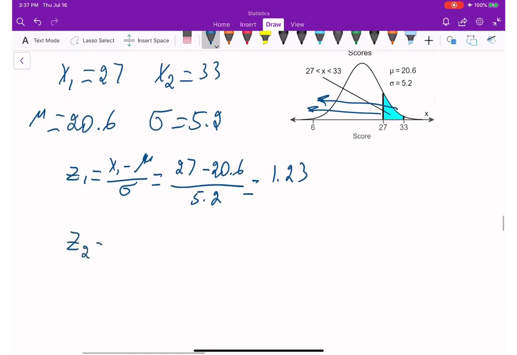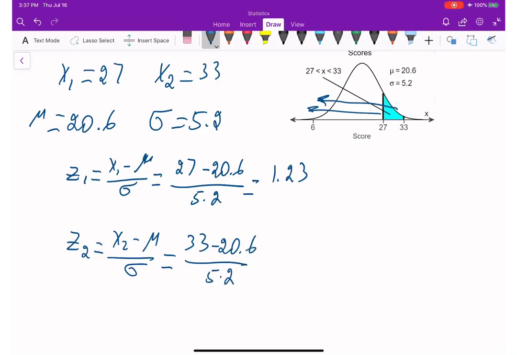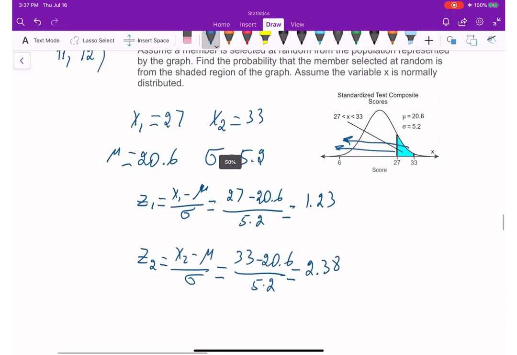Z2 is equal x2 minus mu over sigma, and that is equal 33 minus 20.6 over 5.2, and that is equal 2.38. Okay?